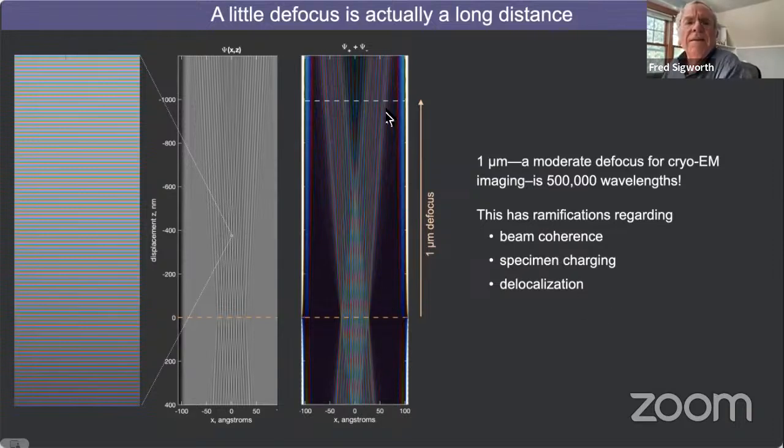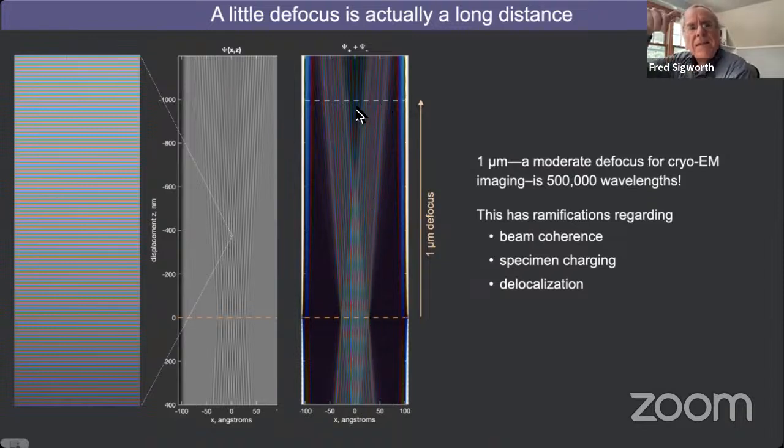We're actually relying on the fact that in a good microscope with high coherence, electrons take exactly the same path through the column. They don't come through at different angles. And the reason that's important is that we're imaging what amounts to an interference pattern 500,000 wavelengths away from the object itself.